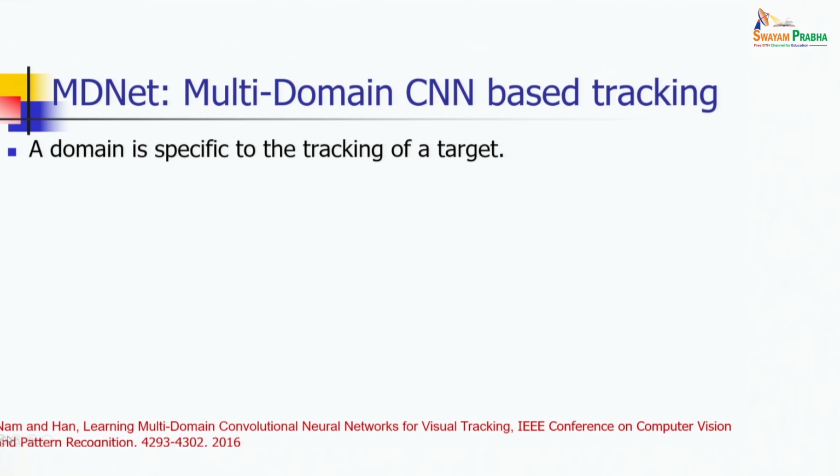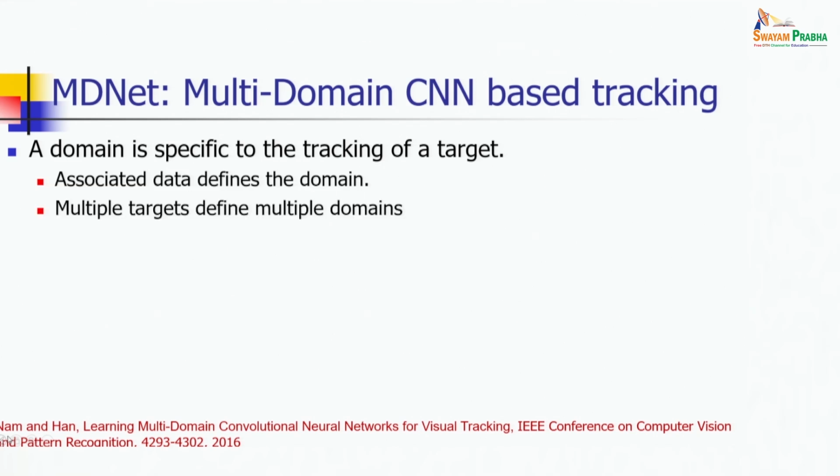Depending upon the target, where the object is specified from the beginning, its subsequent appearance in the video frames defines the domain. Because it is target-dependent training or dataset that you need to prepare, the associated data defines the domain, and multiple targets define multiple domains. That's why it is multiple domains.